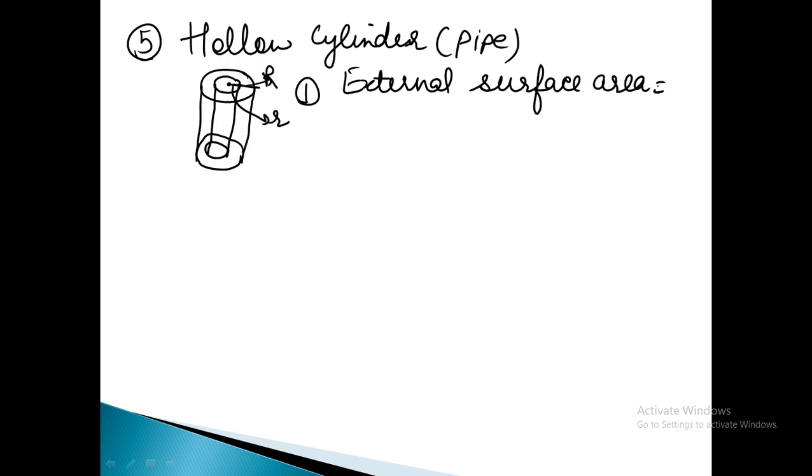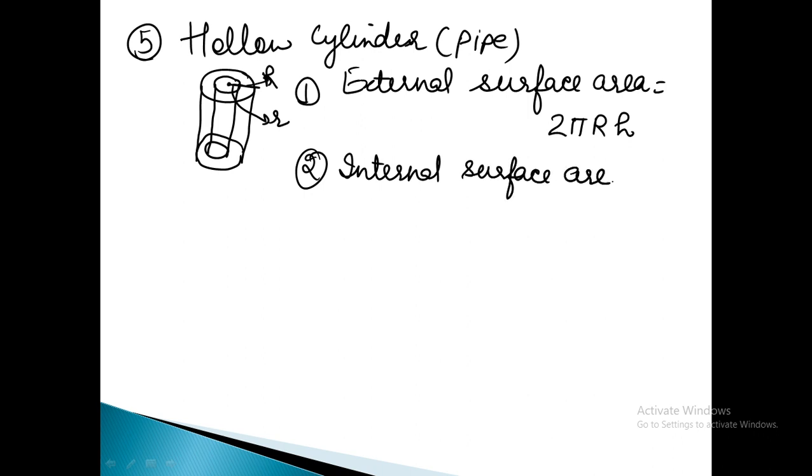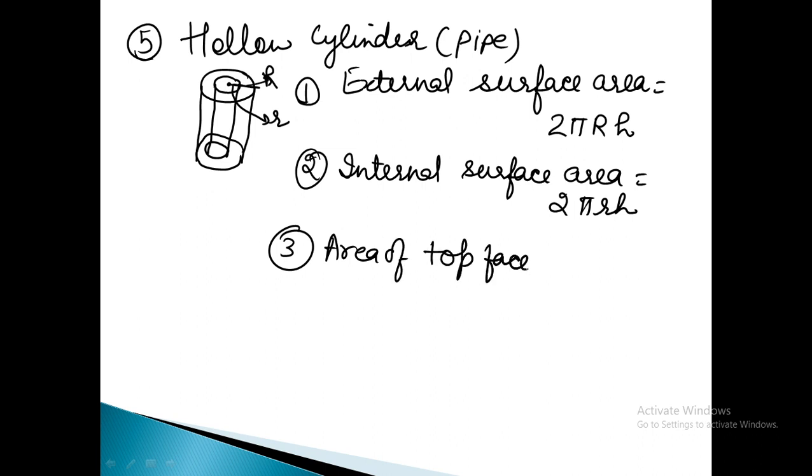When we calculate external surface area, then we will use capital R. And for internal surface area, we use small r. Third formula, area of top face is equal to π(R² − r²).